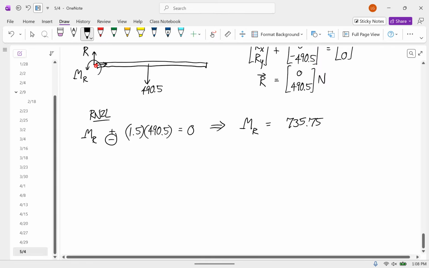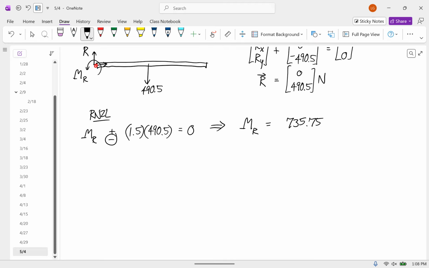But in order to use that deflection equation, what we need is the internal bending moment. So I have to do a cut. And this one cut will represent the whole thing. We have an upward force of 490.5, a couple of 735.75, and then we have a distributed load representing the weight.